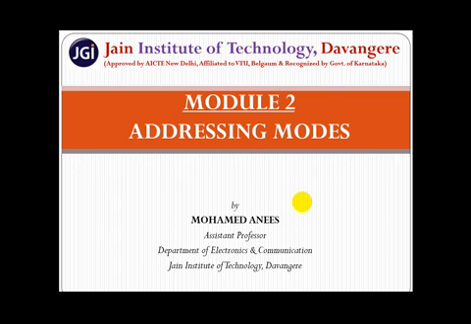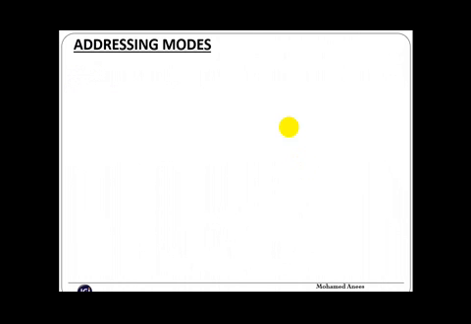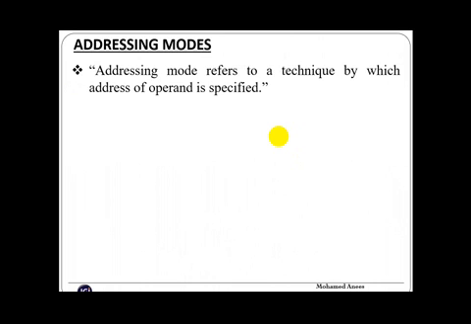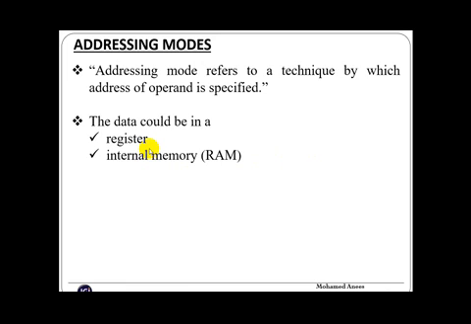In this video lecture, we shall discuss the addressing modes. Addressing mode refers to a technique by which the address of the operand is specified. So your operand or the data can be in a register, or it can be in your internal RAM, that is 128 bytes of internal RAM, or it can be in external memory, or it can be a part of an instruction.